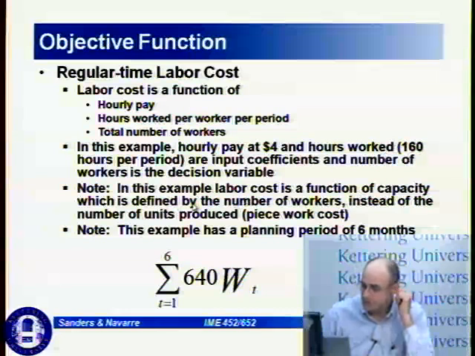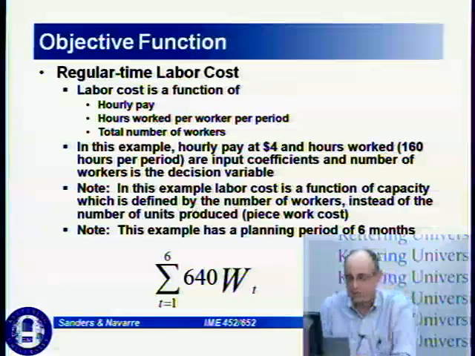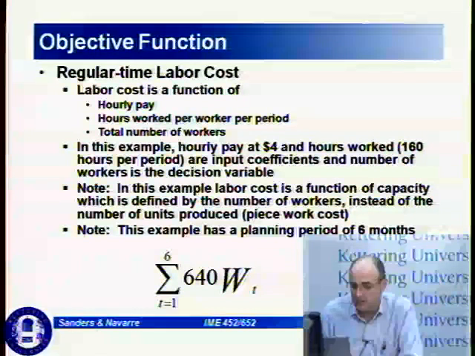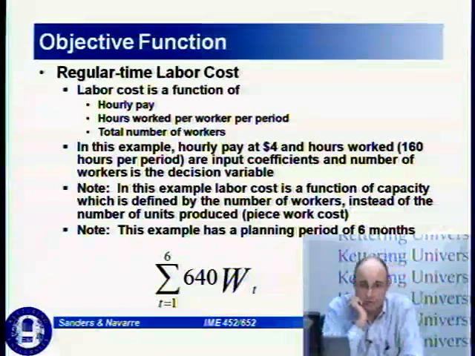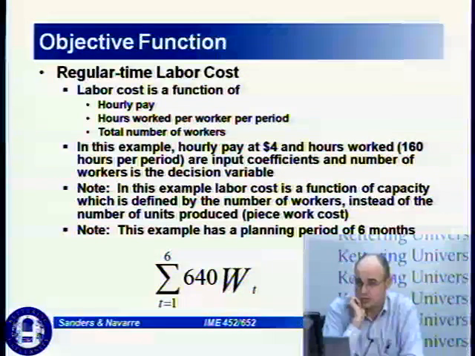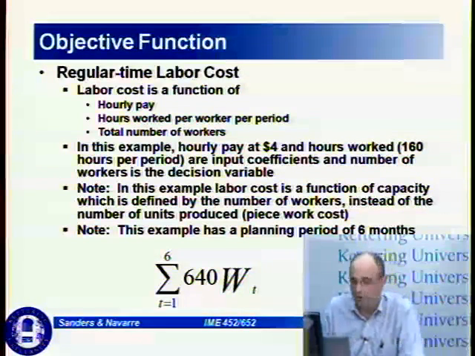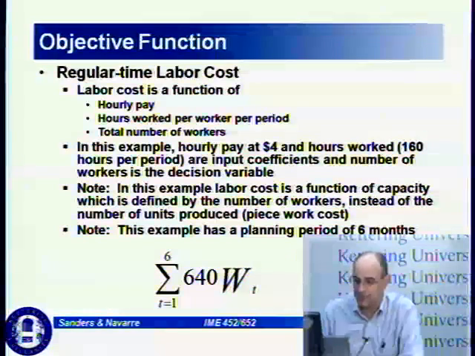In this example, labor cost is a function of capacity, which is defined by the number of workers instead of the number of units produced. So we're doing it very much like we did in the dense pack example with the Namias. Our number of workers is going to be our capacity constraint, and we'll simply use the number of workers multiplied by the coefficients to determine the cost of producing regular time labor cost.